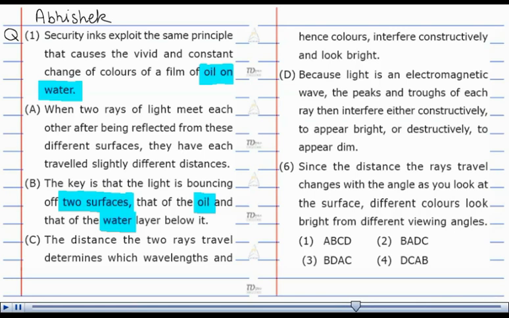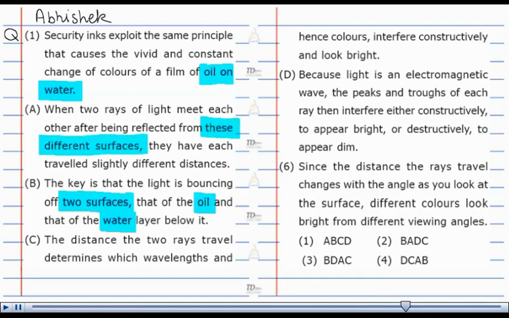The other link that we obtain here is BA. As we have already read B, the key is that the light is bouncing off two surfaces, that of the oil and water. Now let us read statement A. When two rays of light meet each other after being reflected from these different surfaces.